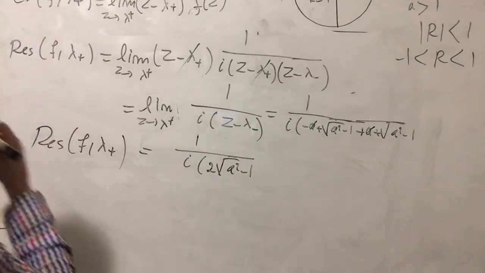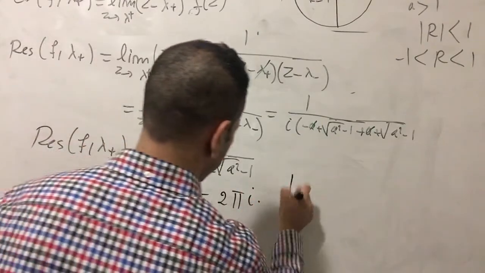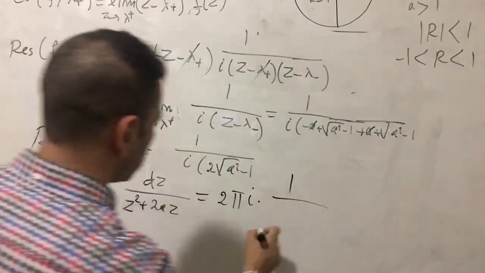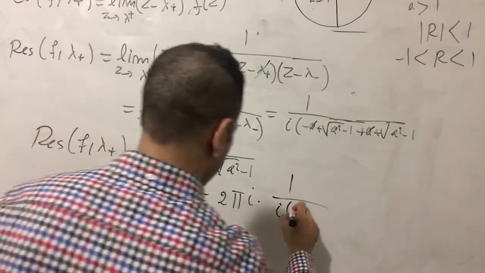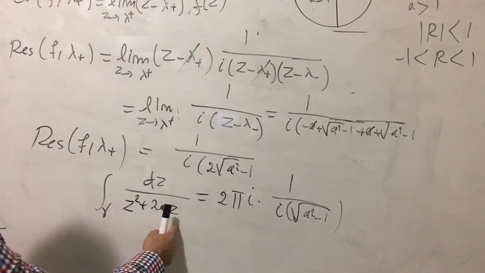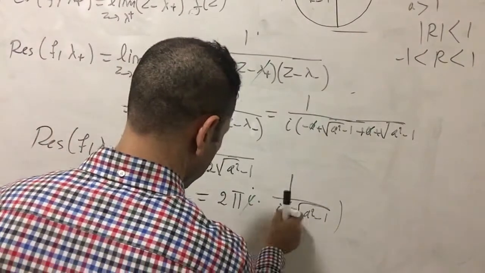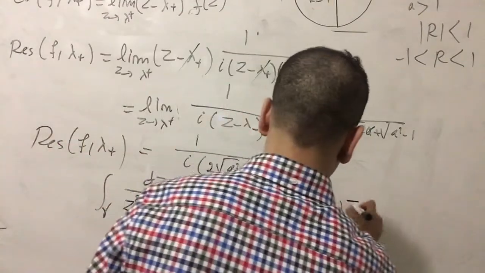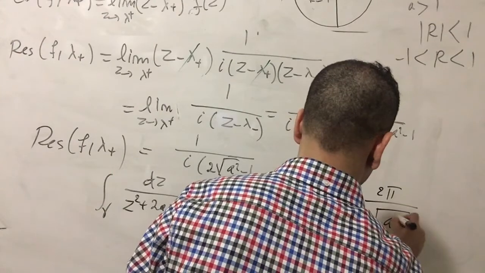So our integral equals 2 pi i multiplied by this one, and i times 1 over i cancels. So this integral of dz over z squared plus 2az plus 1 equal to 2 pi over the square root of a squared minus 1.